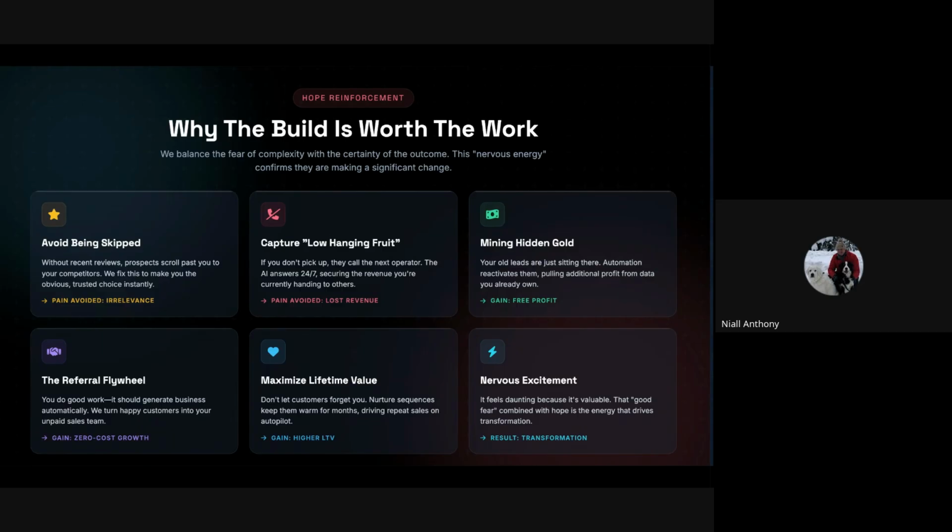That's the idea here. And this part is so important. Remember back in day one, I said people do not buy from a position of fear or even frustration, they buy from a position of hope. If you simply show them what it takes to build these systems, you're going to lose that hope.